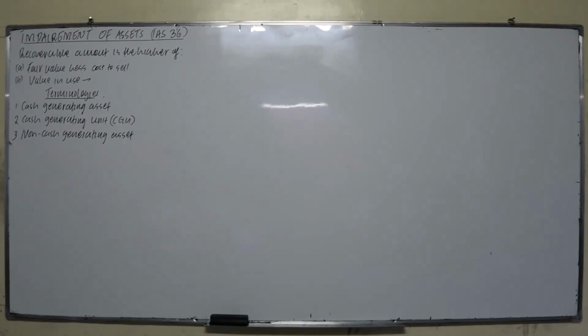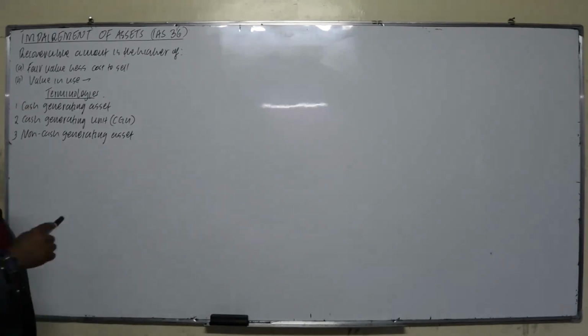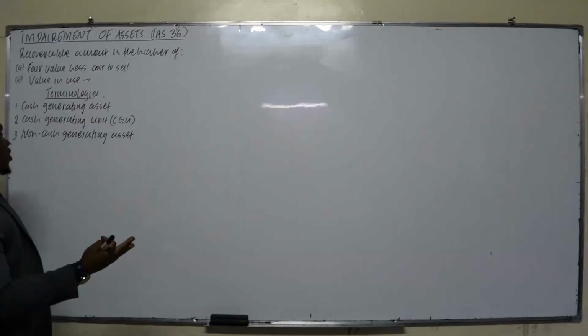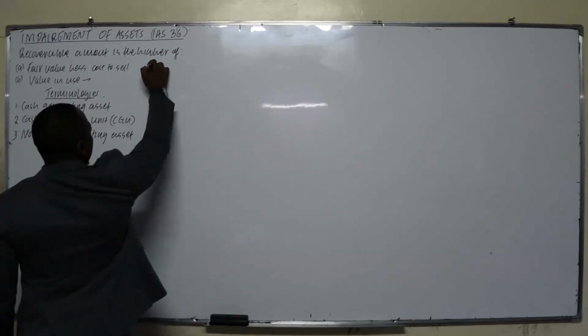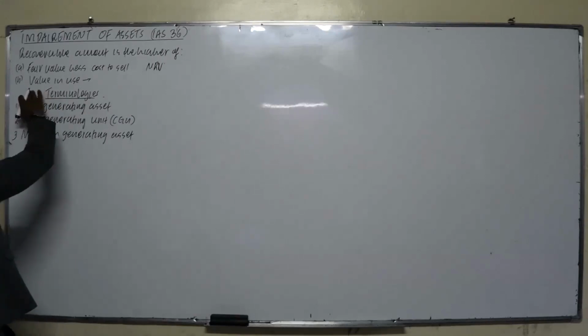So now I was explaining something about the impairment. An asset is said to be impaired when the carrying amount exceeds the recoverable amount. The cost to sell gives what we call the net realizable value, which you compare against the value in use.